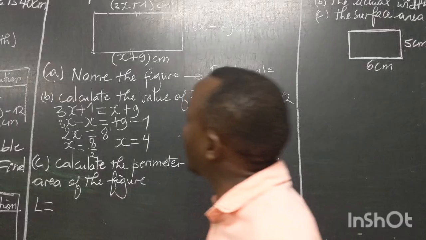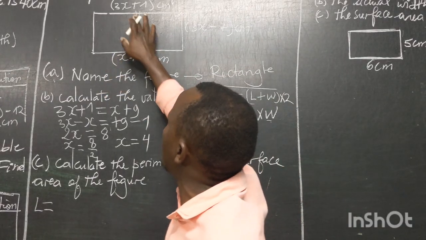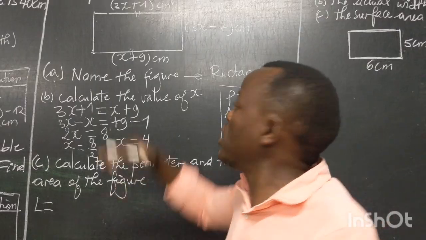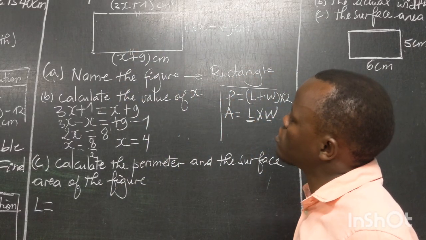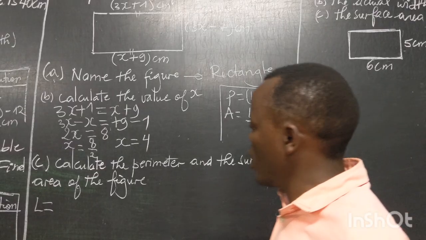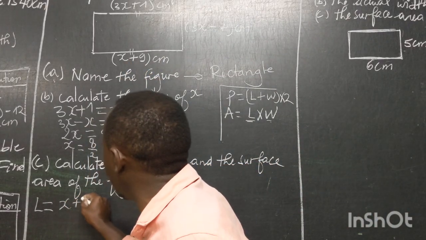We are going to take the numbers, either this one or this one, because the two sides are equal, and then we find length or width. Here, let's take x plus 9 for the length.